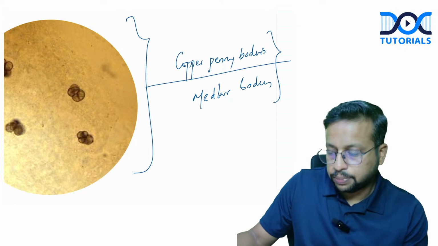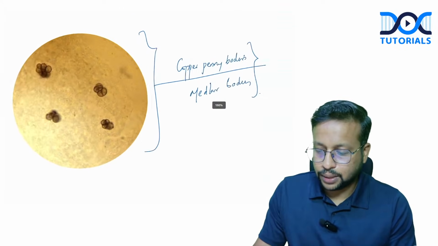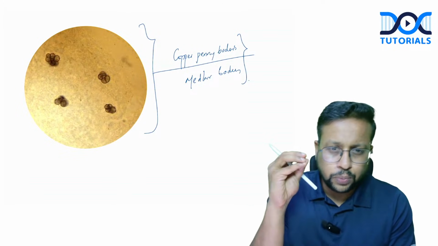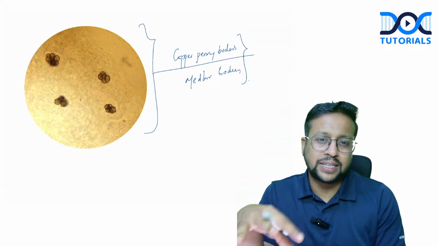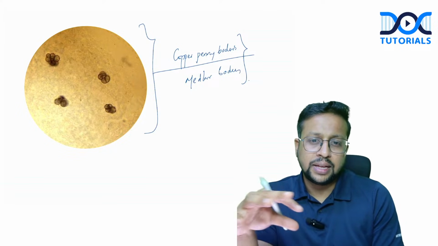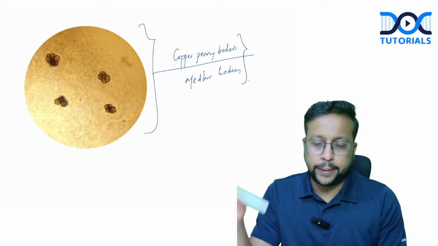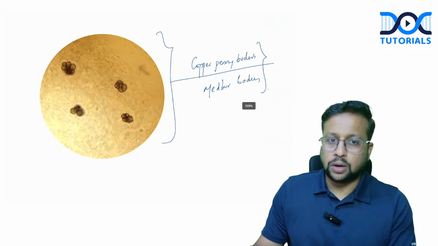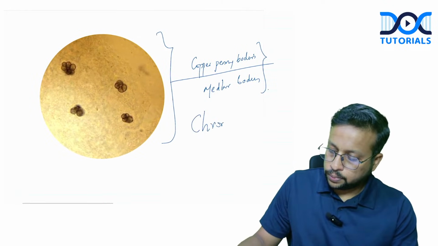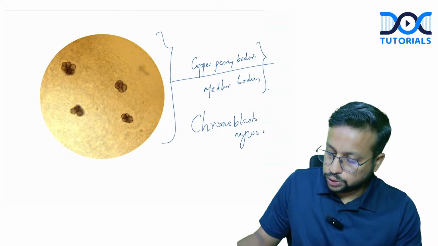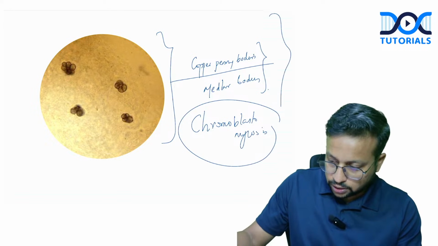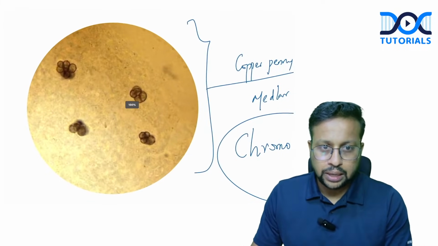This occurs in a subcutaneous fungal infection, which occurs commonly after trauma, especially in farmers. They present like verrucous, cauliflower-like lesions in the lower limb, and the disease is called chromoblastomycosis. So you get what is called the copper penny bodies.